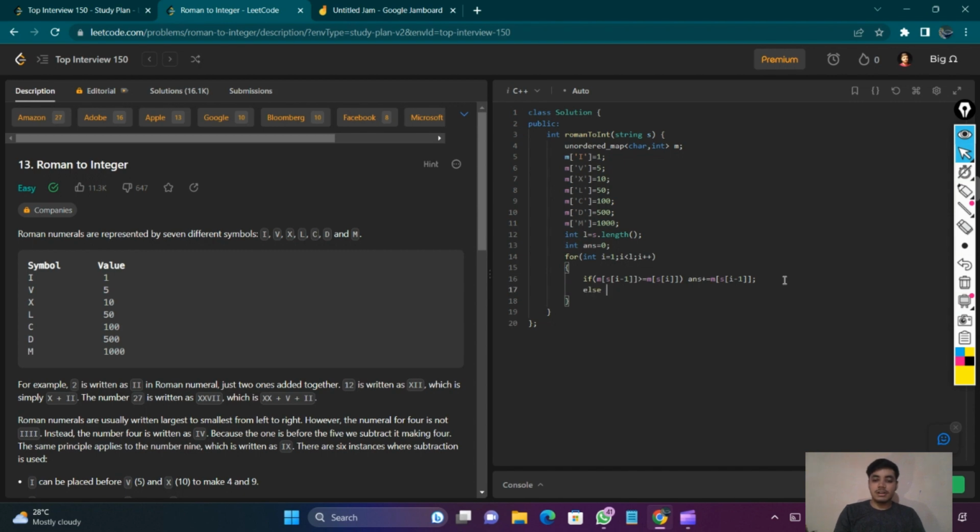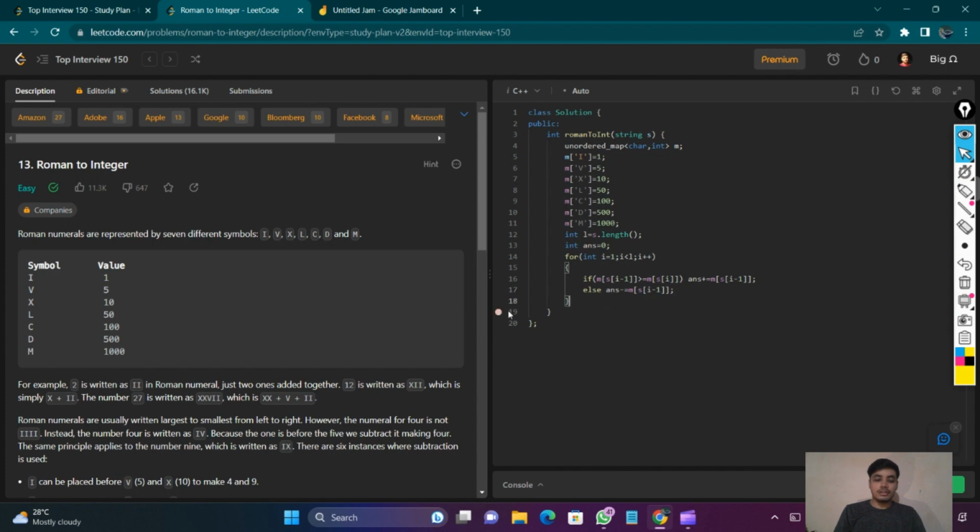Now in the else part, what do we have to do? This is the else part example, which is 4. You can see that what we decided to do is subtract the first one, which is the lesser one. So we are doing ans minus equals the value. This is how we are going to do it.